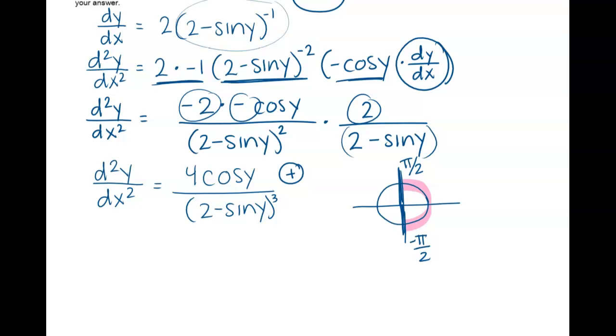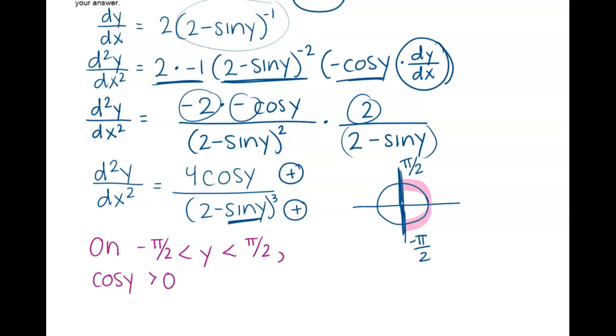So since sine of y is never going to be greater than 2, this will always be a positive value as well. So, switch colors just because. Now, on negative pi over 2 is less than y is less than pi over 2, cosine of y is greater than 0.